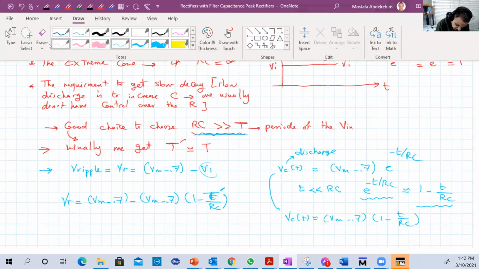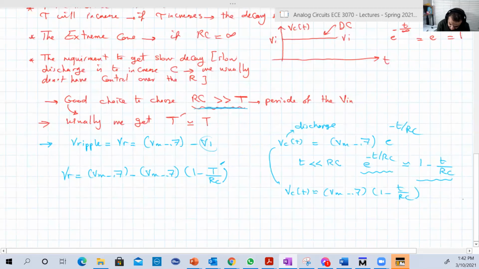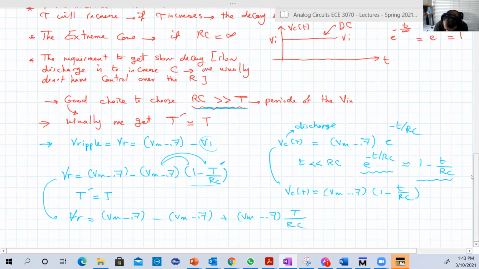This should be T dash, not just T. But we know that T dash is approximately equal to T. So VR equals, and we can also distribute this over the parenthesis: Vmax minus 0.7 minus (Vmax minus 0.7) plus (Vmax minus 0.7) T over RC. This will cancel with this.